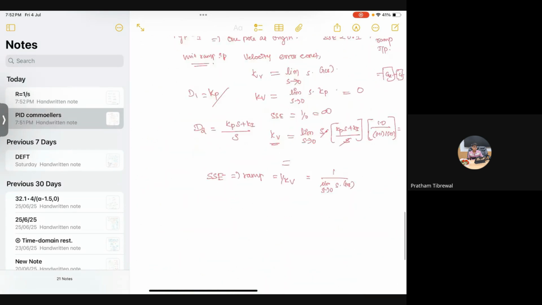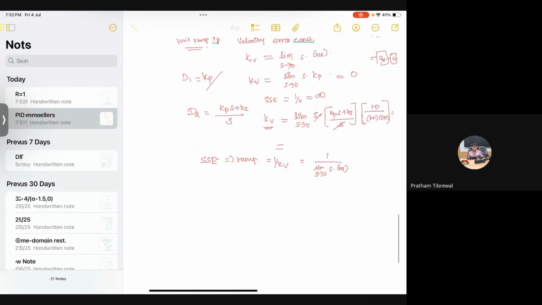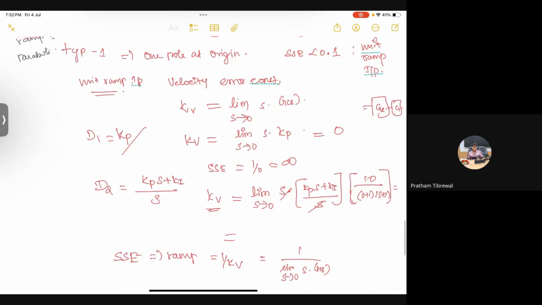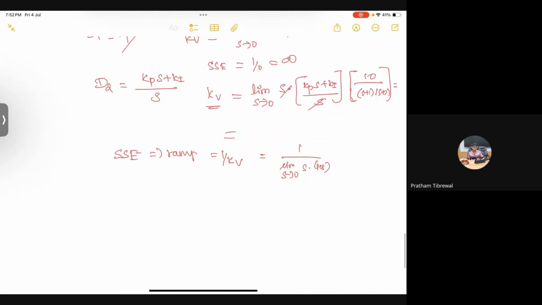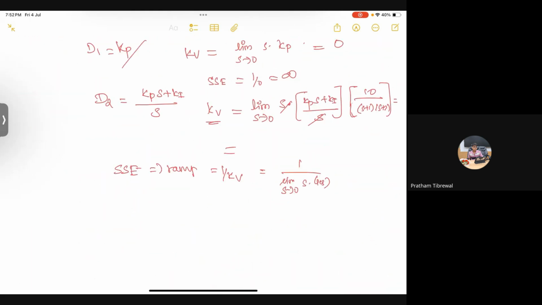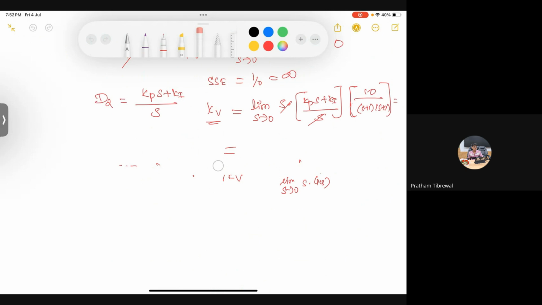Okay, good. Now if I put s equal to 0, this term will go to 0.